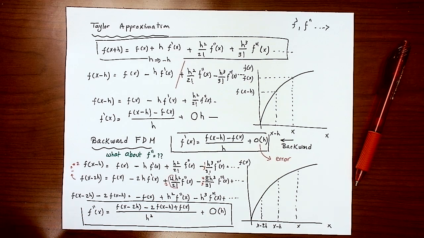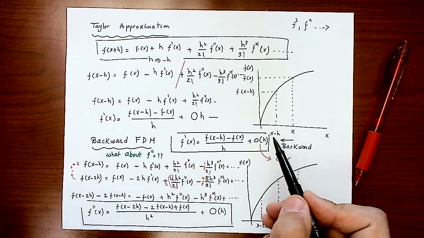Okay, so that's simply how you derive the relationship for f prime and f double prime using the Taylor expansion to get the approximated value plus the expected level of error that you end up having in the approximation method. Same way, you can develop f prime and f double prime using the forward method.